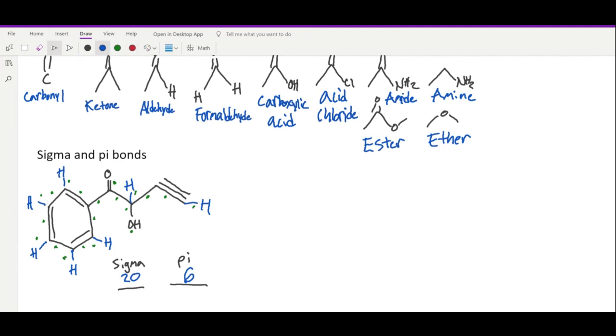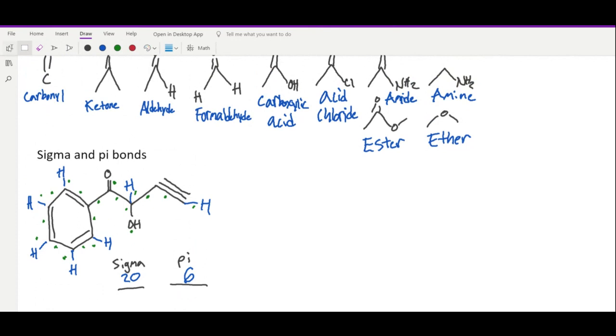And if you didn't get that, feel free to correct me. Maybe try recounting, and if you're getting 20 on the second or third try, that means you might have forgotten one of the bonds. Okay? All right.